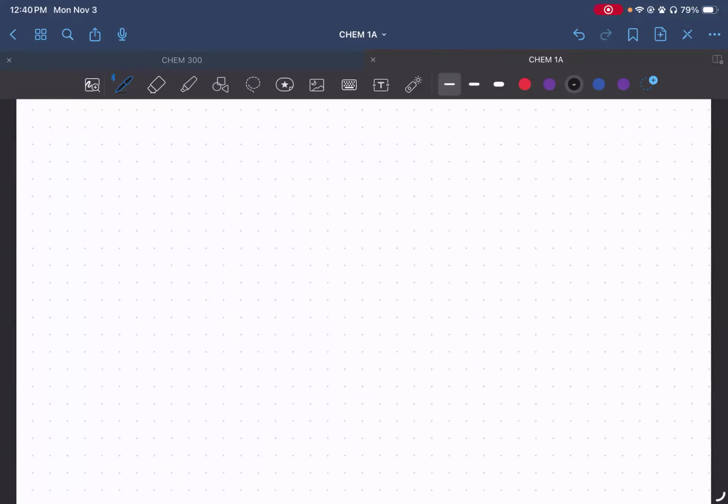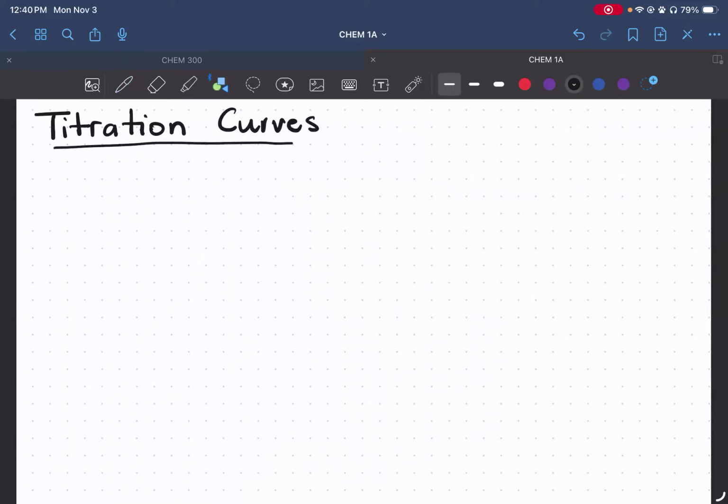Continuing our discussion of titration, we now turn our attention to a new topic, titration curves.